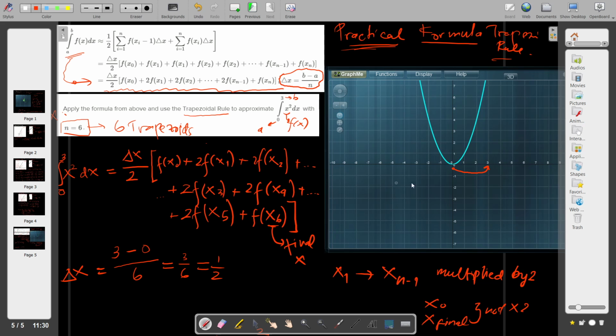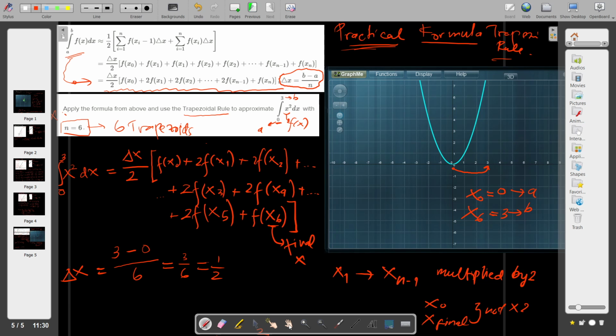So x0 equals 0, and x6, which is our final x, will be equal to 3. This is the value of a, and this is the value of b.